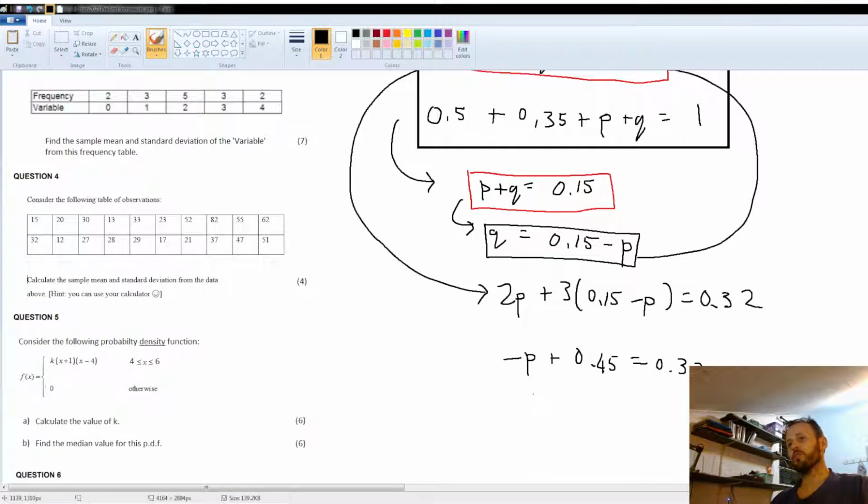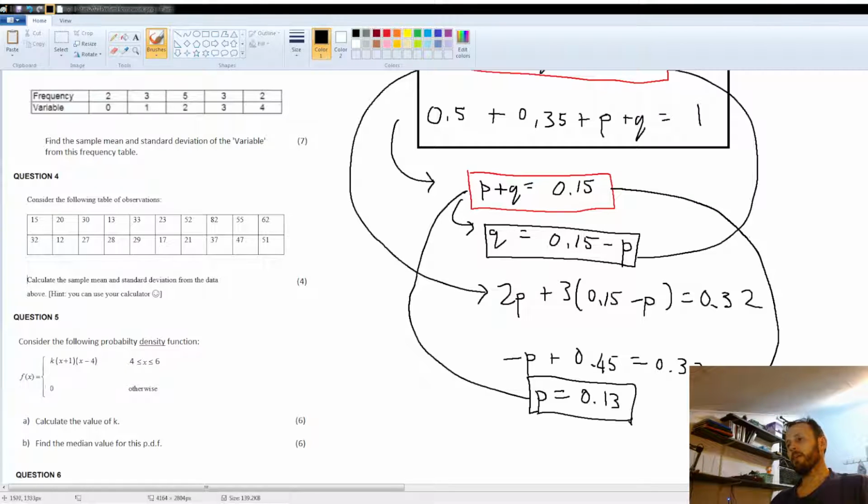Okay, so it turns out that p is equal to 0.13. You take this, you stick it back in there or there, either of these is fine, and you get out that therefore q must be 0.02. If you want to check the two simultaneous equations, you can.